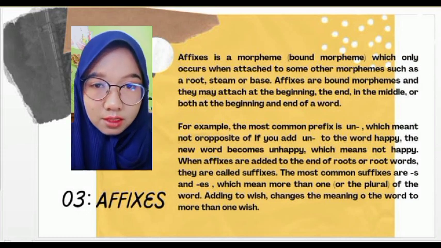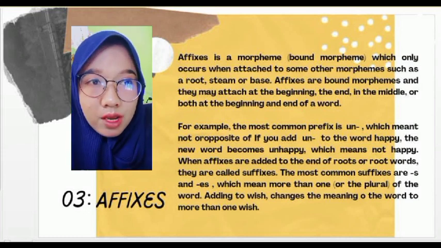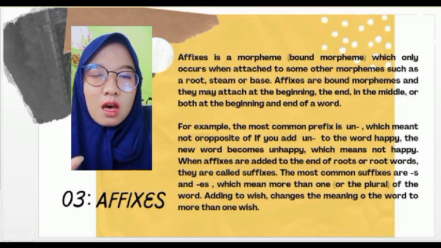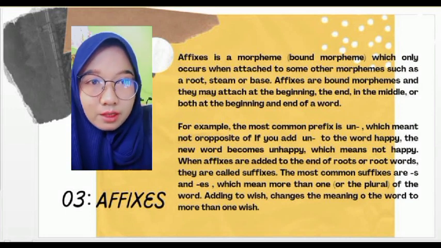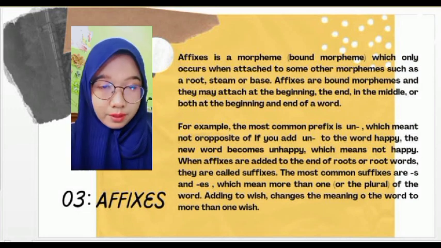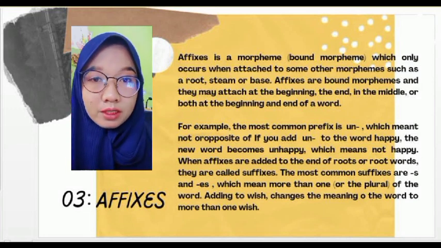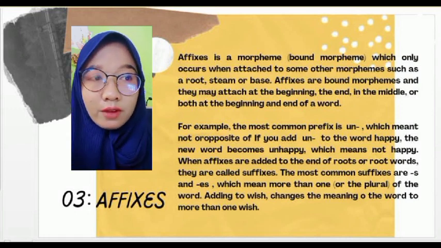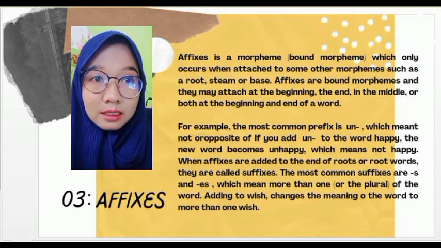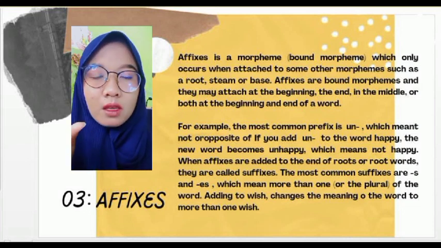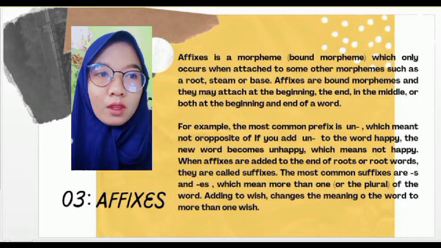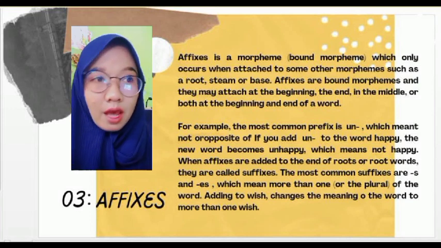When affixes are added to the beginning of roots or root words, they are called prefixes. For example, the most common prefix is un, which means not or opposite of. If you add un to the word happy, the new word becomes unhappy, which means not happy.